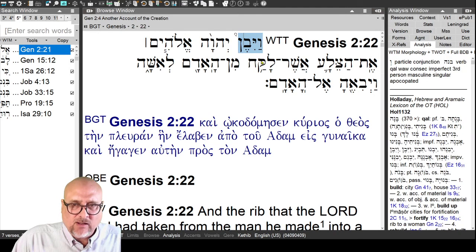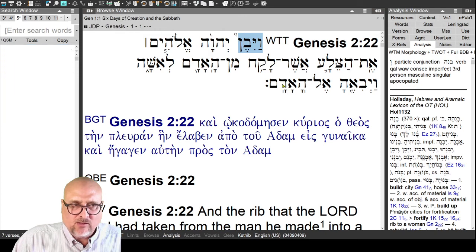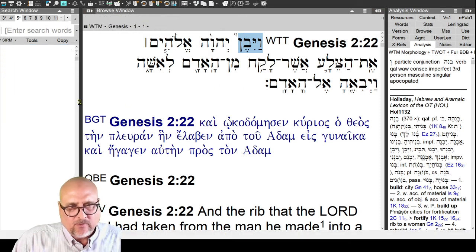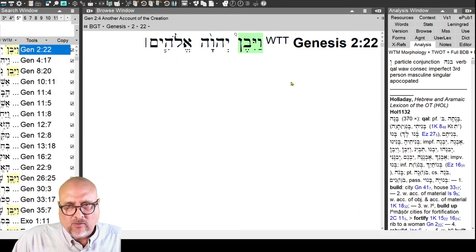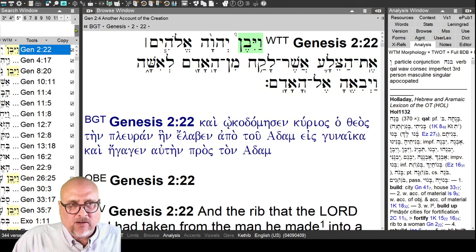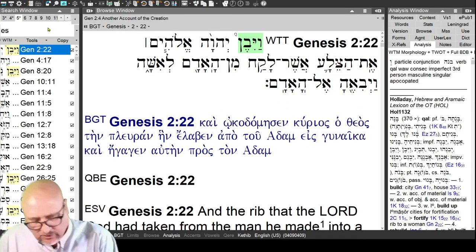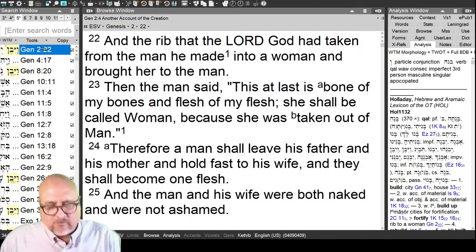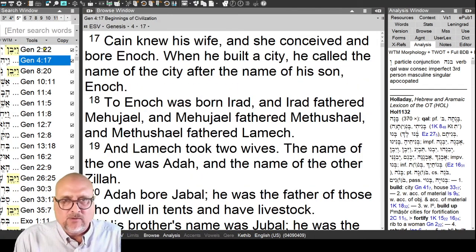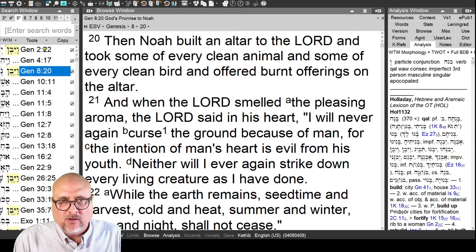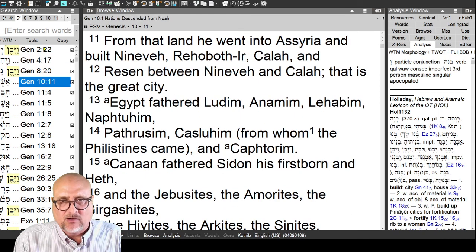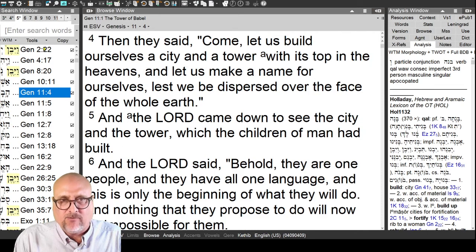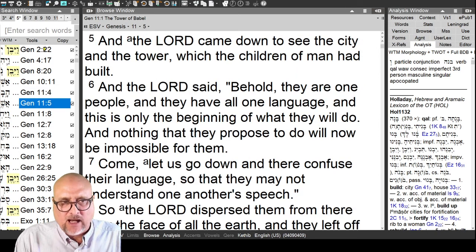Because if we do a lemma search on this word build, we're going to see that it appears everywhere. We're just going to look at this in English for a second. He built a city. Noah built an altar. He built Nineveh. Come, let us build a tower.